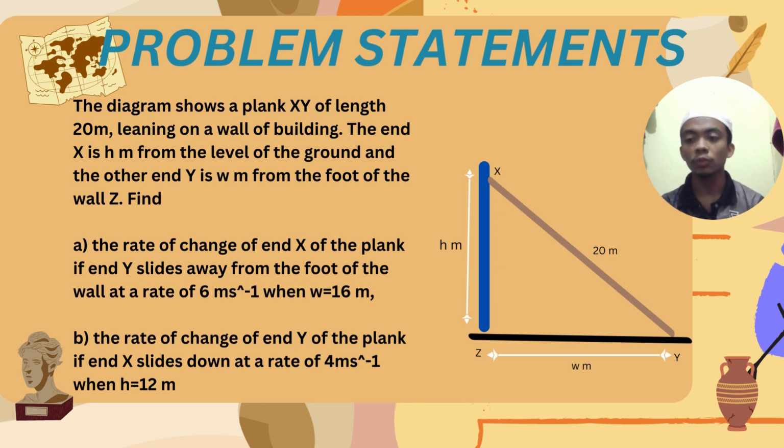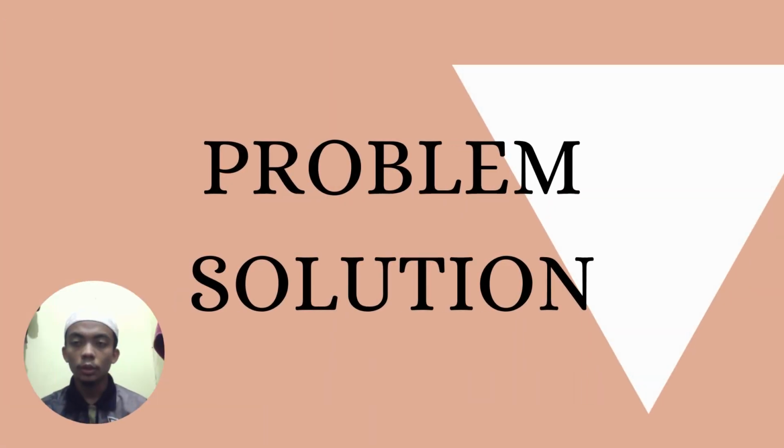Question B is to find the rate of change of w of the plank if X slides down at a rate of 4 ms^-1 when h equals 12 meters. The solution for the question is on the next page.